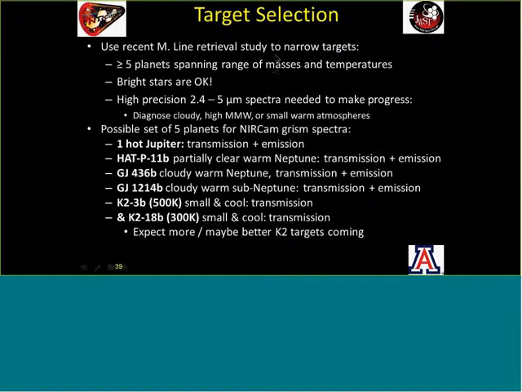And the target selection is going to be something we spend a lot of time thinking about. And M Line, in this case, is Mike Line, who has been at UC Santa Cruz and will now be moving to Arizona State University.